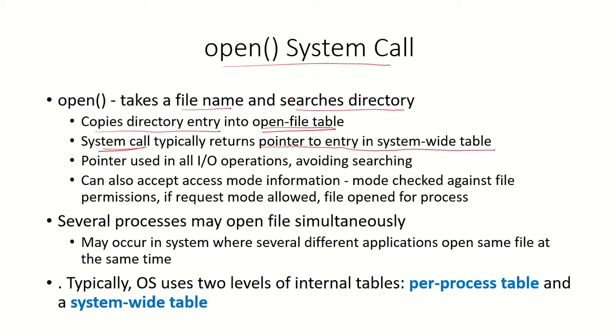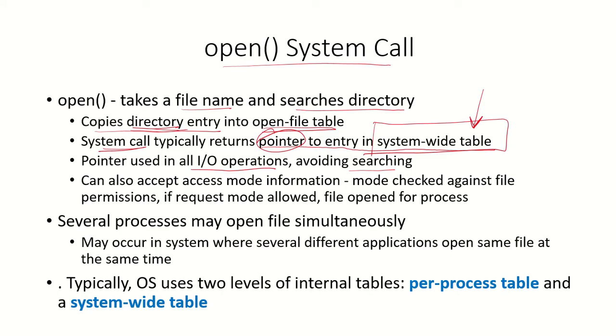So the system is maintaining a system-wide table of all open files, and the entry of the directory for that particular file will be kept in the system-wide table and a pointer will be returned. Now this pointer will be used as the file handler for other operations. So it will be used in all input-output operations and it will avoid searching the directory again.